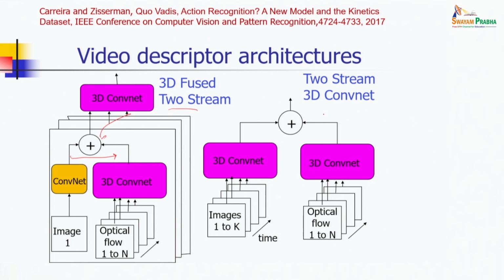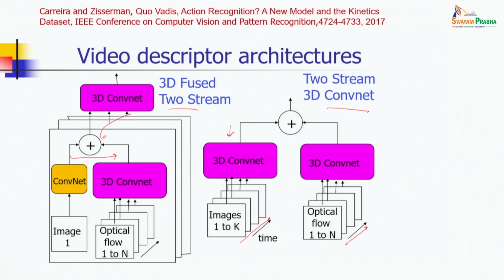The other network is called two-stream 3D convolution, where you take the images from the full video sequence and get the 3D descriptors, but for optical flow, once again you have the segmented descriptors.